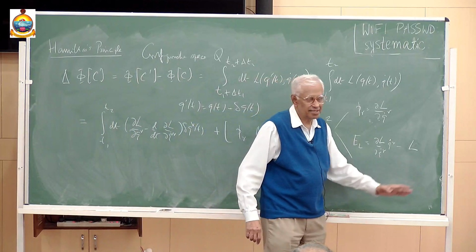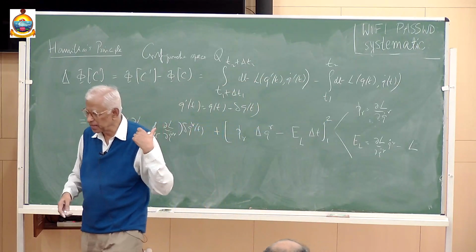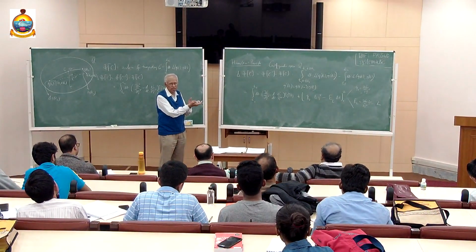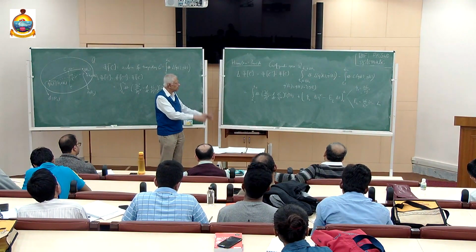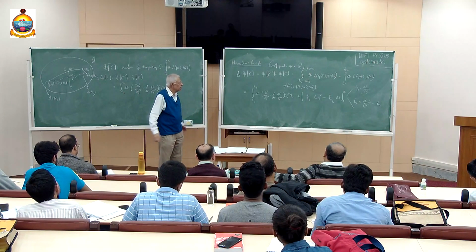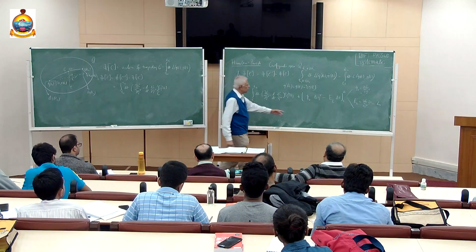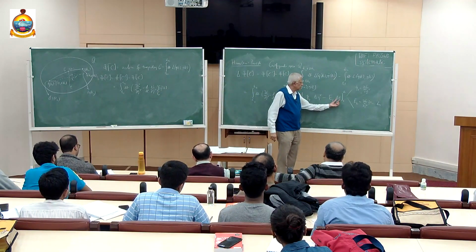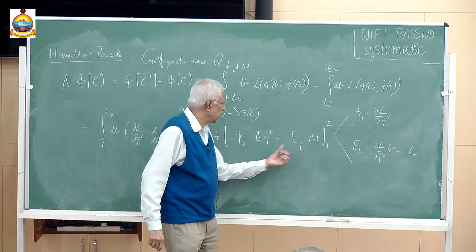This EL is the Legendre transform of the Lagrangian, and in this expression it is to be thought of as a function of what? Q and Q dot, because L is a function of Q and Q dot. So, this is the Legendre transform of the Lagrangian viewed as a function of Q and Q dot. That is what comes in the term proportional to the changes in the time instants, initial and final times.